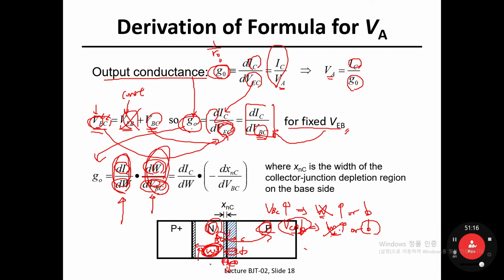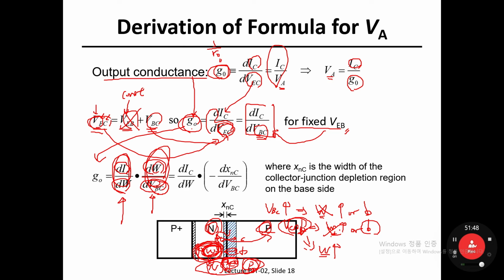In this PN diode, when VCB decreases, meaning less forward bias is applied, your depletion layer width decreases. In other words, the quasi-neutral region in this N side, which is the base, increases. So W increases.